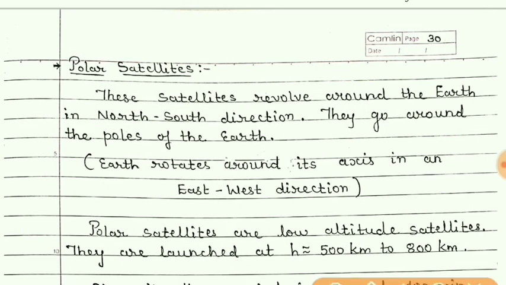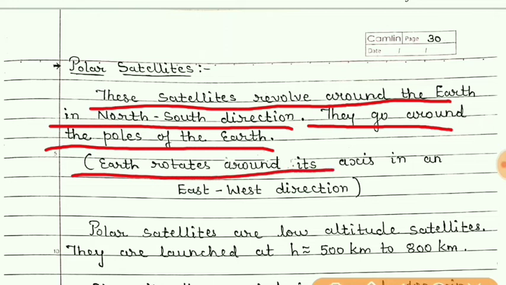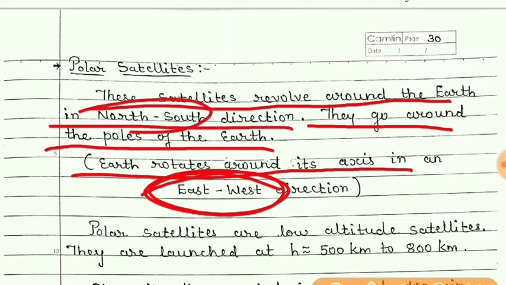So I have written here, these satellites revolve around the Earth in the north-south direction. They go around the poles of the Earth. Earth rotates around its own axis in the east-west direction, while these satellites revolve along the north-south direction, that is from pole to pole.